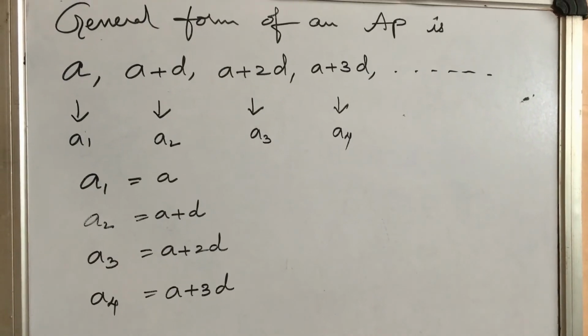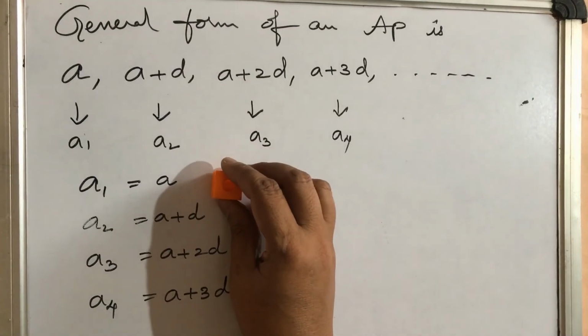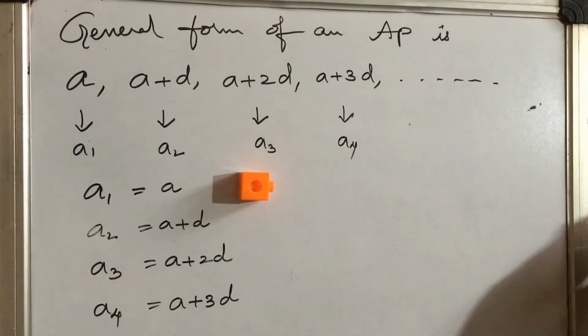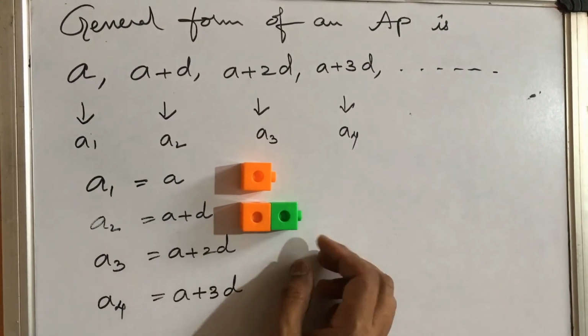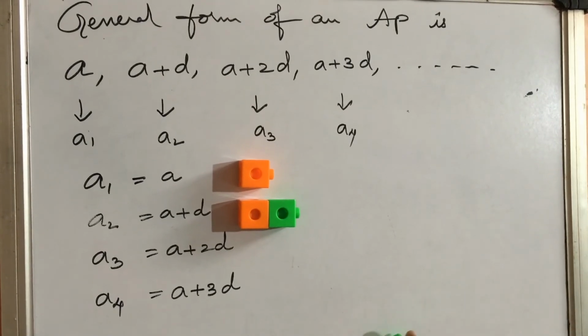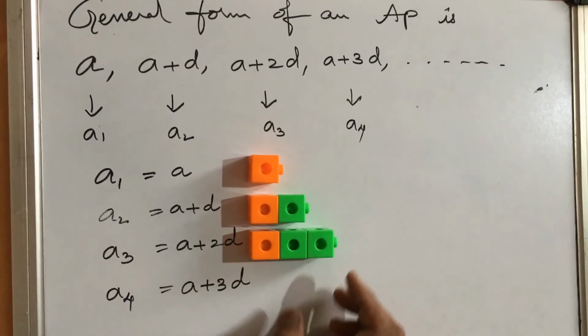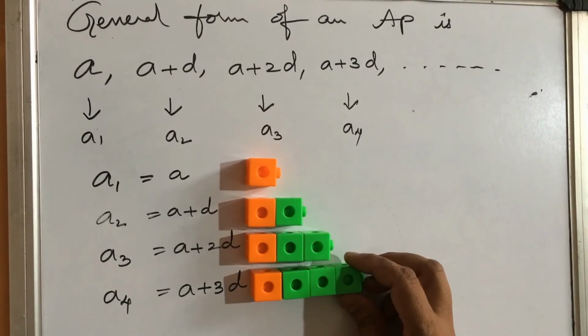Let us show this by blocks, with the first term A1 as an orange color block, the second term A plus D, where D is the green color block, the third term A plus 2D, and the fourth one A plus 3D.